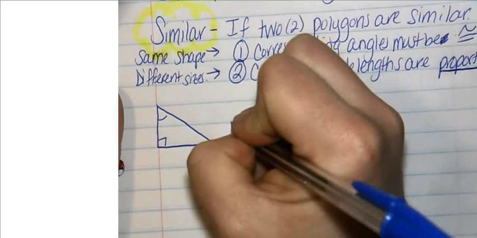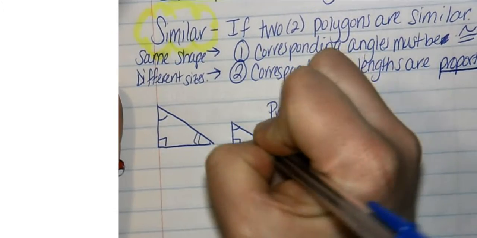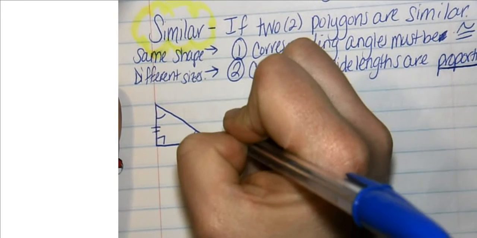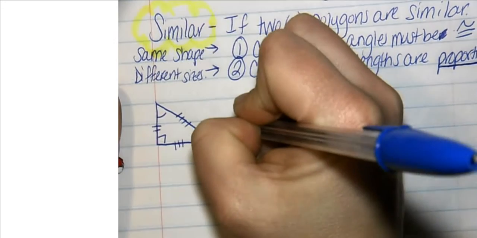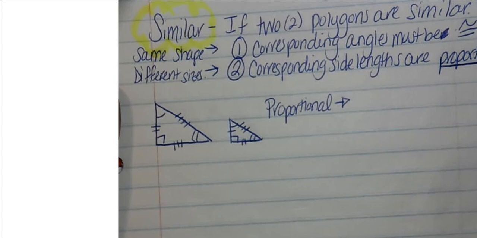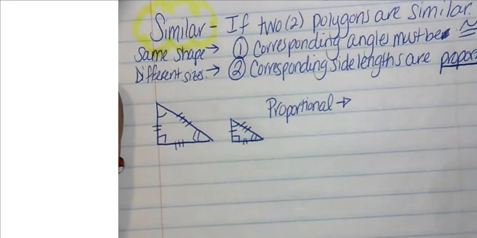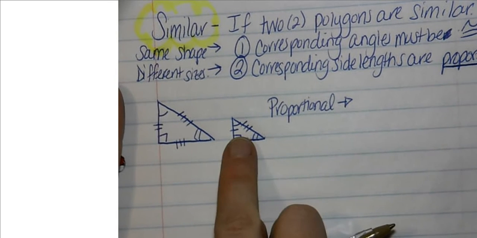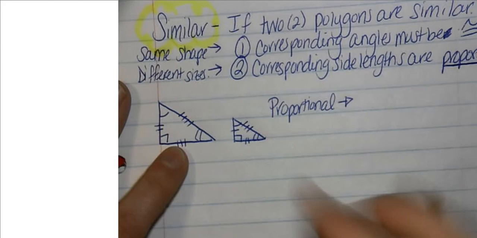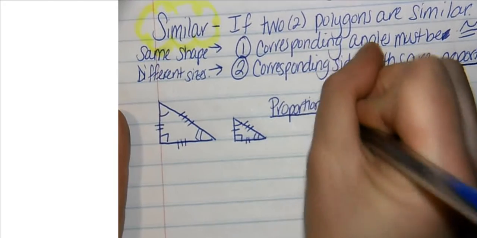So we know that all of the angles, corresponding angles, will match up and be congruent to each other. It's just that the side lengths are going to be different. So we're going to see that all of the side lengths will be different lengths, but the angle measures will be congruent. The side lengths will be what we call proportional.